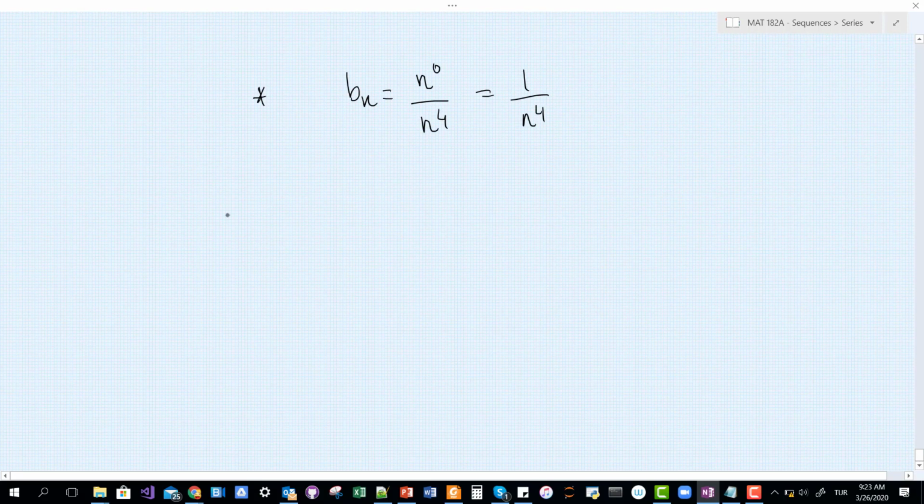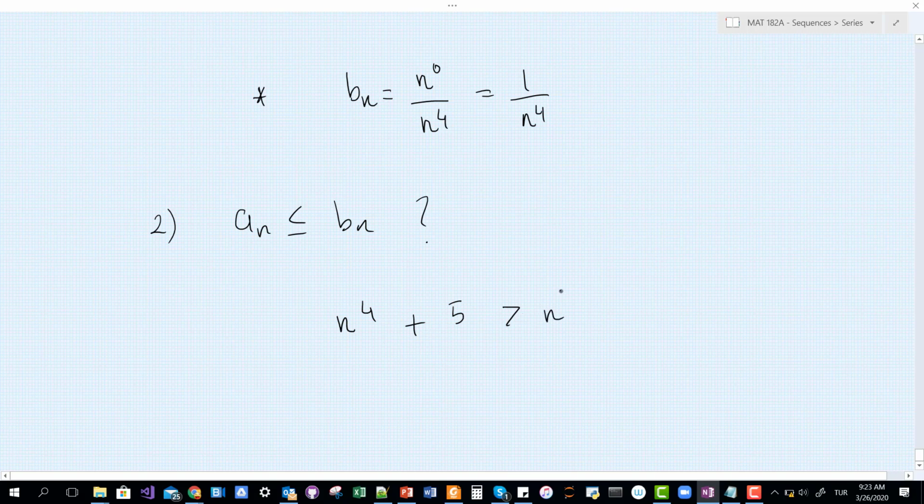But the second part is, I need to show if an is less than bn. I don't know that yet. That's the second part of the comparison test. To do that, I will use this one. If you remember from the integral test, we did similar things. N to the 4 plus 5 is bigger than N to the 4.